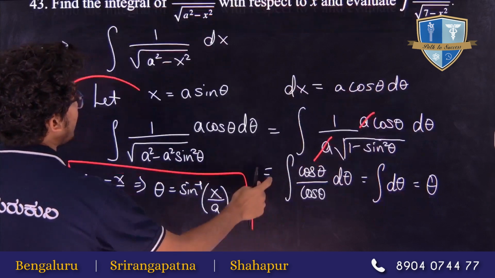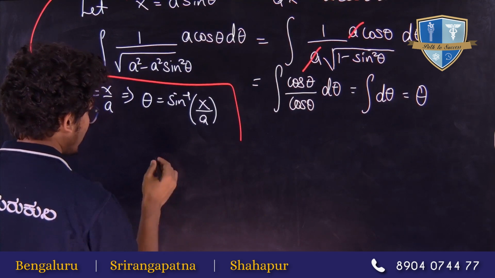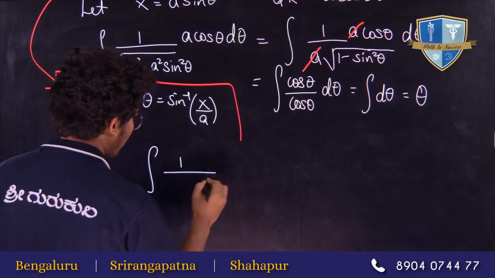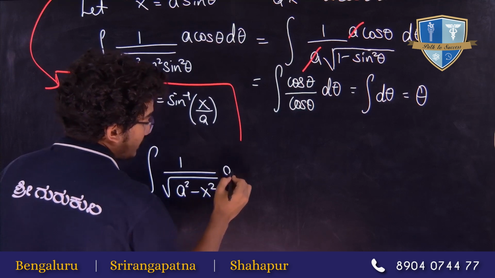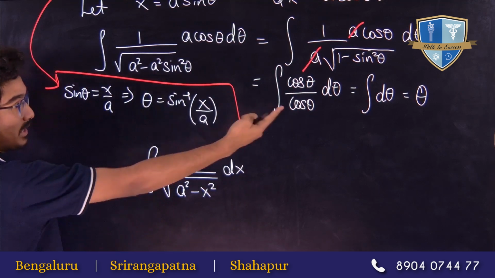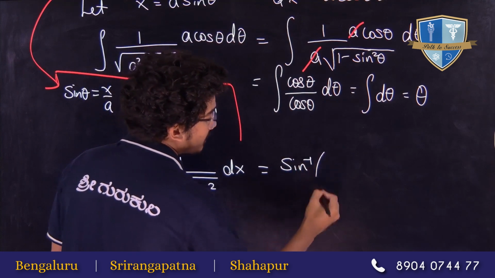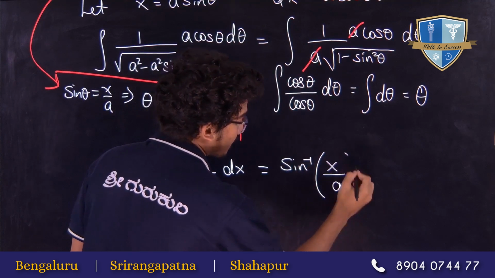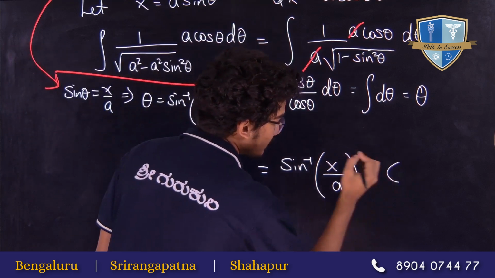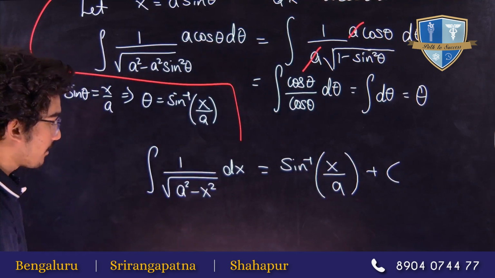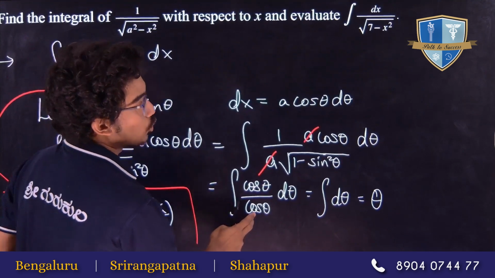So finally we can write that integration of 1 upon root of a square minus x square dx is nothing but theta, and theta is equals to sine inverse x divided by a, and since it is an indefinite integration, plus c, which is the integration constant, correct?